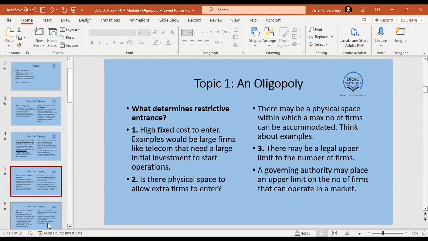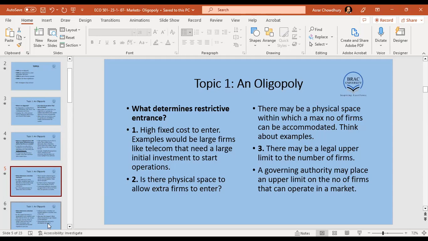Another thing might be how many photocopy shops are there in the BRAC building across the road? There are two, as far as I know. Maybe 2 or 3, like this, there aren't more, right? Yes, sir.